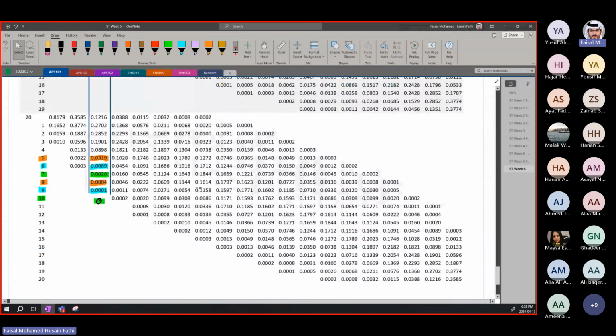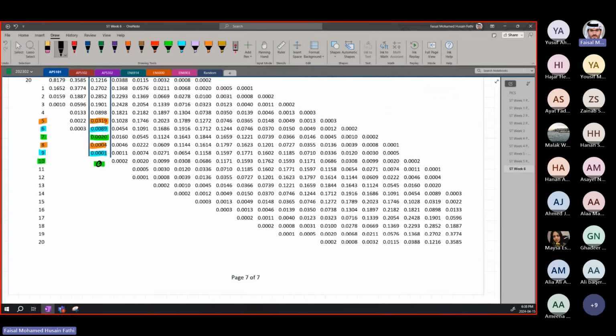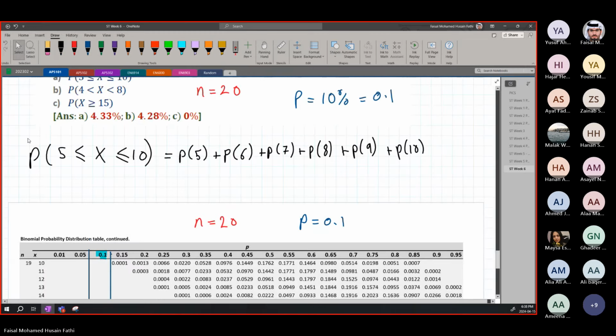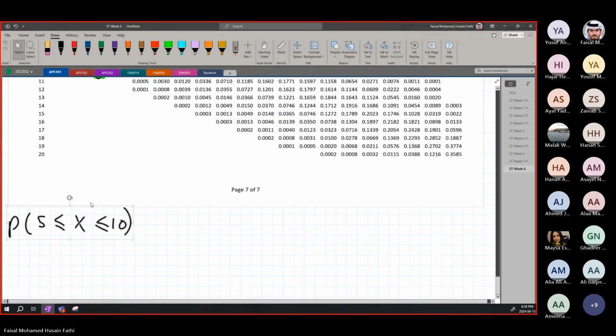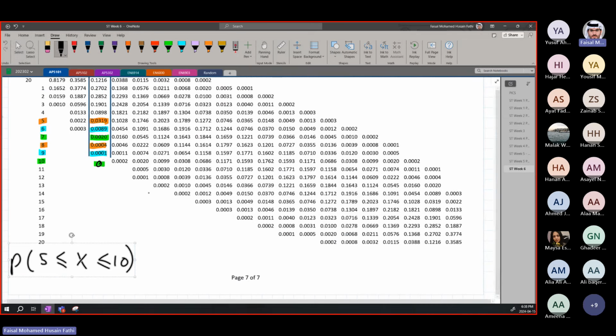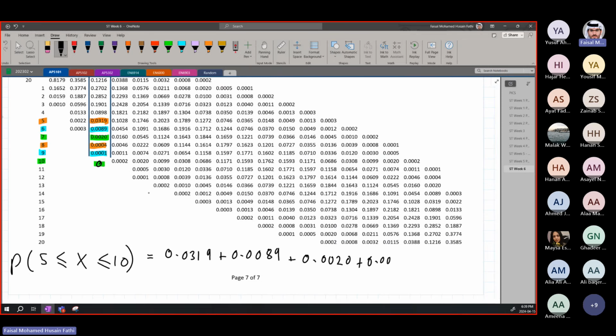Okay. So now we can just simply solve. We're just going to say that the P of x being between 5 and 10, this P is equal to 0.0319 plus 0.0089 plus 0.0020 plus 0.0004 plus 0.0001 plus 0 for P10, all right?